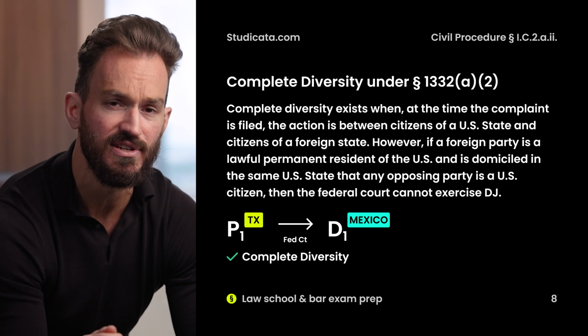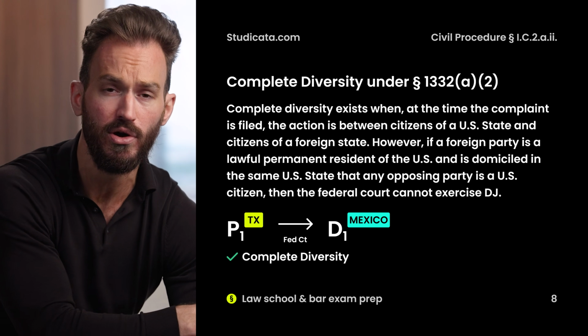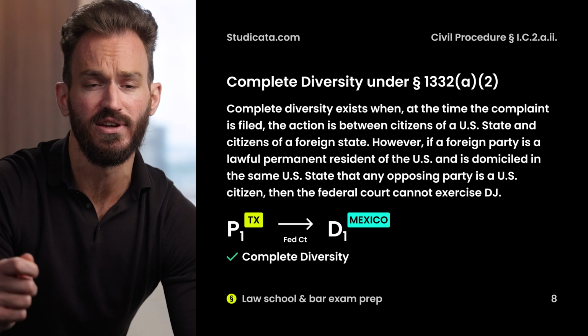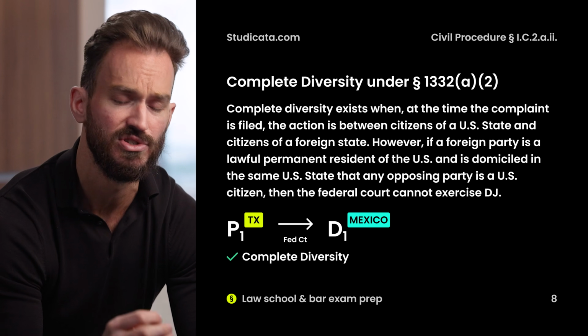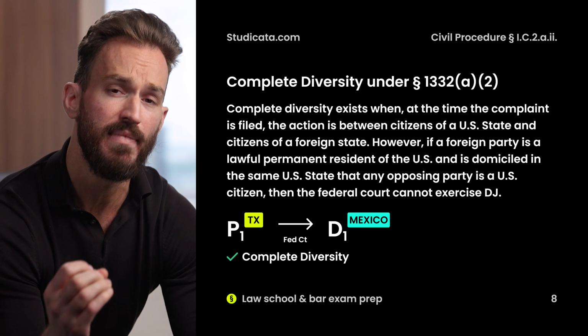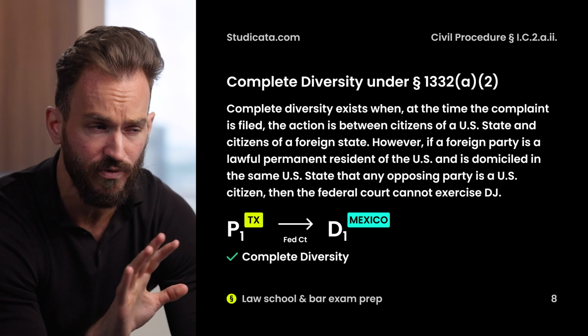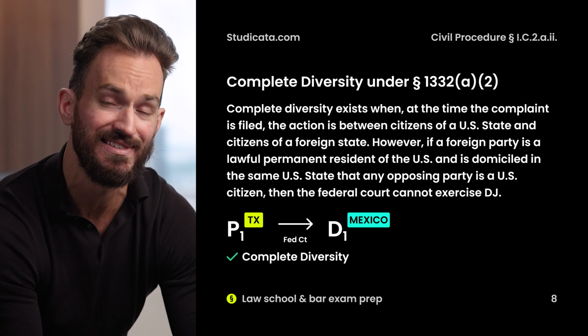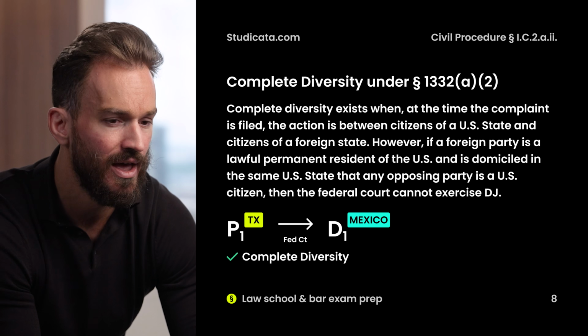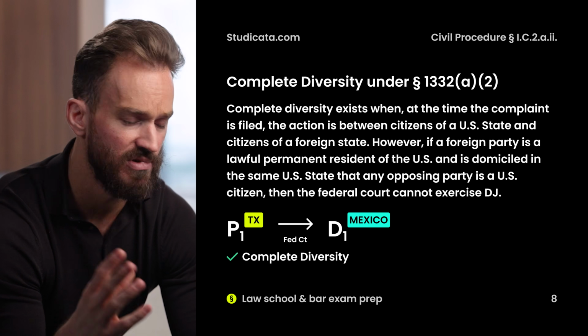If we have citizens of the United States as opposing parties to citizens of foreign countries, like we have here, a plaintiff, a citizen of Texas, suing a defendant, a citizen of Mexico, and those foreign parties are not admitted for lawful permanent resident status in the United States, then we just do our matching game. It's very easy.